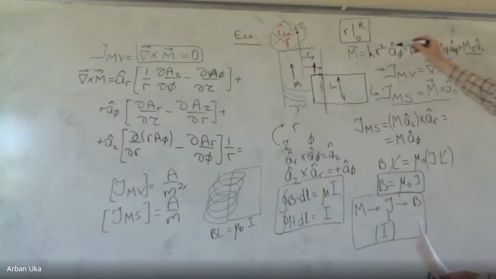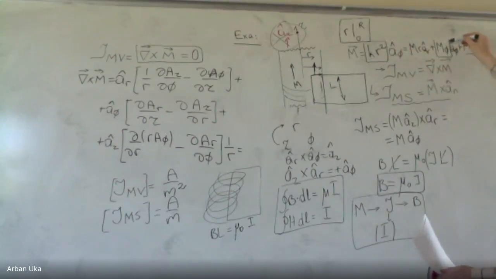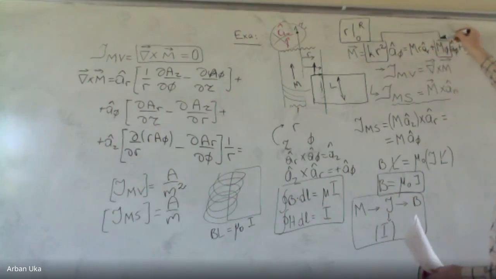So this term that we see here is this M phi. The only magnetization is this term, and for sure M_R and M_Z are both equal to 0.